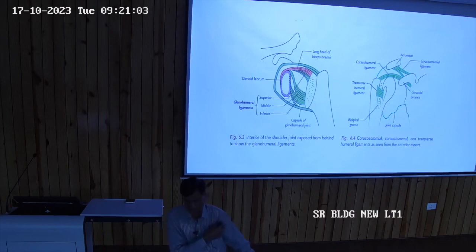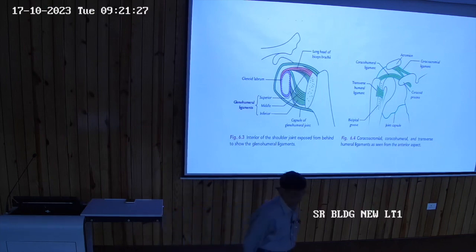On the medial side, this fibrous sheet is descending downward and reaching up to the surgical neck of humerus, which is lying about 1.5 centimeter or 2 centimeter below the anatomical neck. Okay. This fibrous sheet is named the capsule of the shoulder joint.